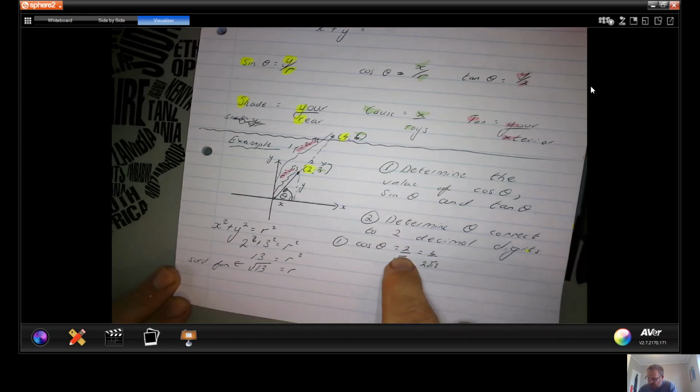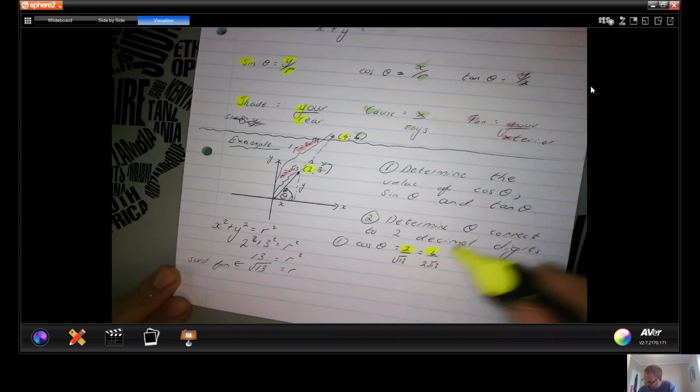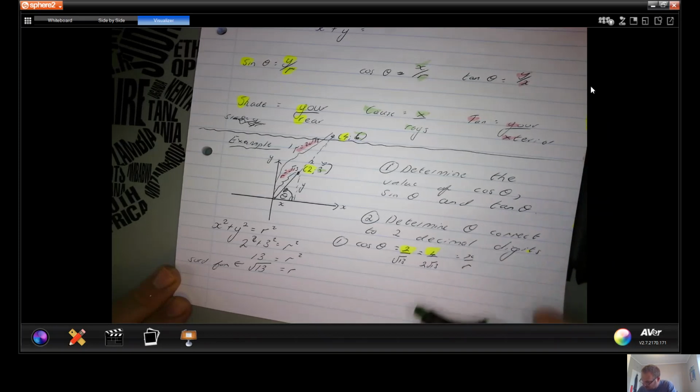If you divide the top and the bottom by 2, you get back to that, obviously. So cos theta is equal to the x coordinate over the radius. Your radius is in pink, and there's your x coordinate. So cos theta is equal to 2 over root 13.